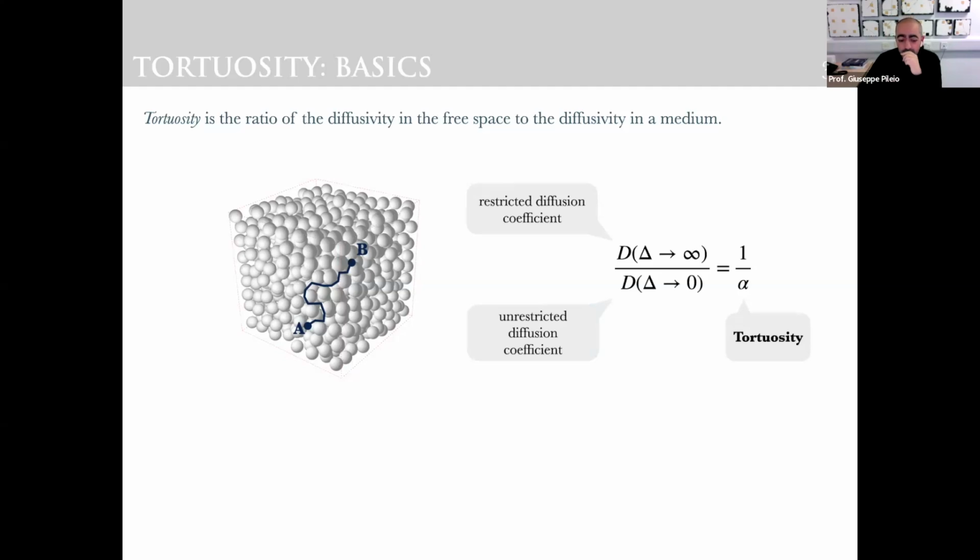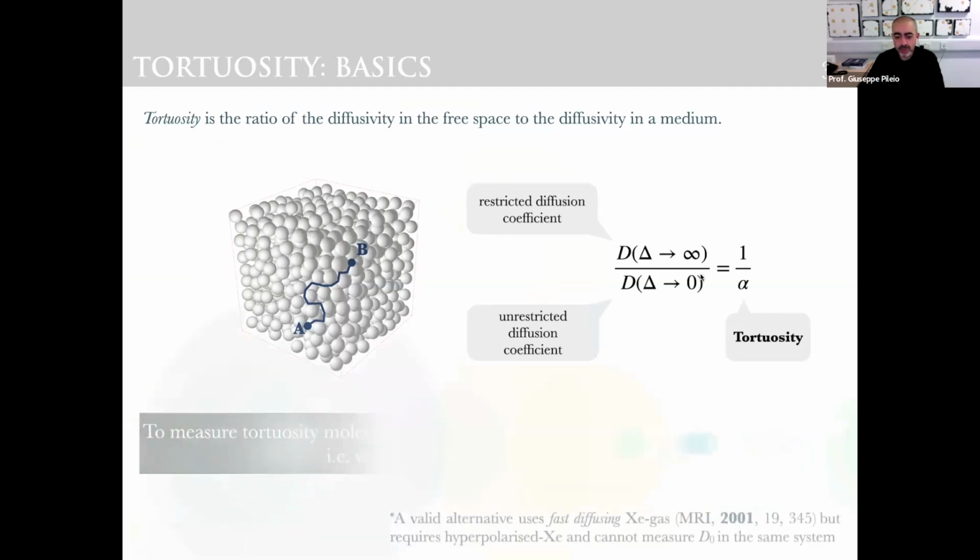Now, it is known that you can retrieve this tortuosity value by measuring the diffusion at a long time divided by the diffusion at a short time. The ratio is basically the tortuosity.